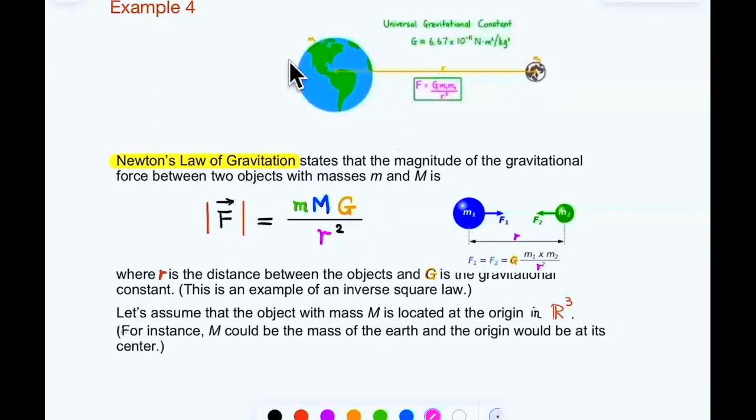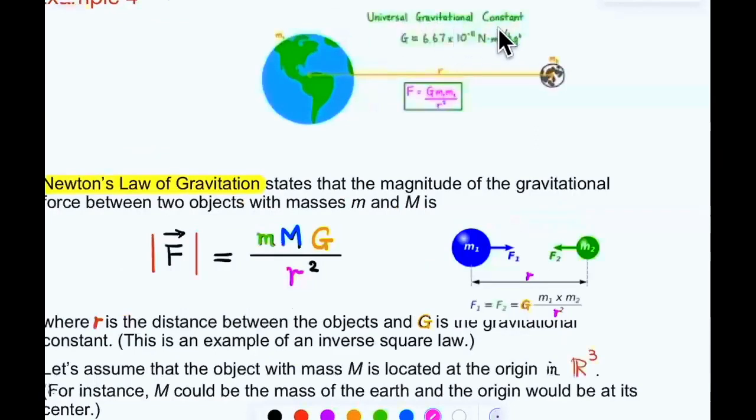It is the mass of this object times the mass of this object, times G, divided by the square of the distance between them. And what is this G? G here is the universal gravitational constant, which is given by this number.